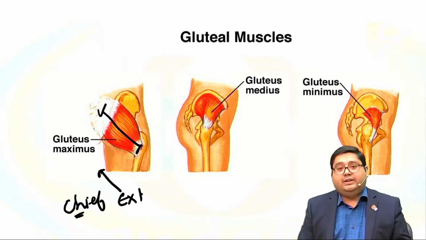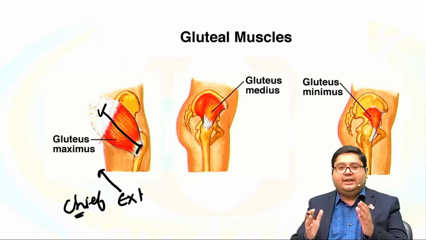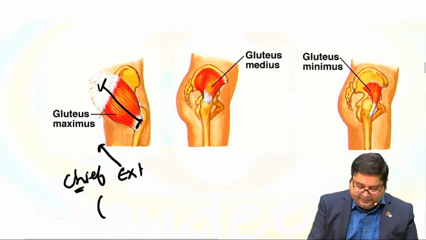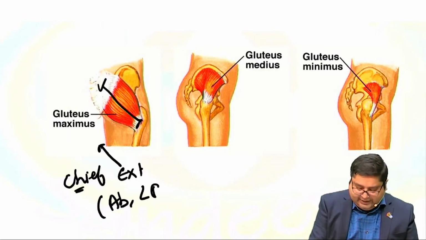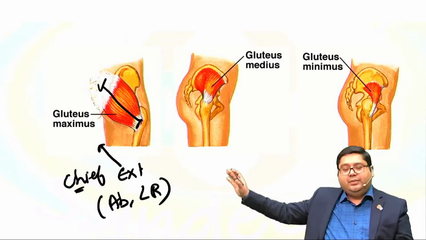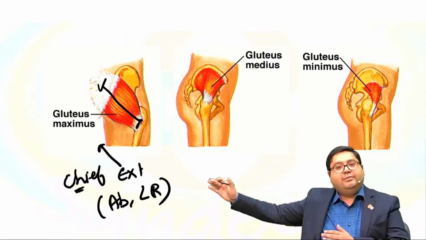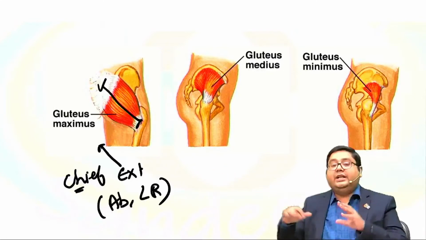But as per the fibers' direction, it has the tendency to do abduction, and it can also do lateral rotation. So I am writing it in this bracket, because its major action is chief extension, but abduction and lateral rotation it can do.